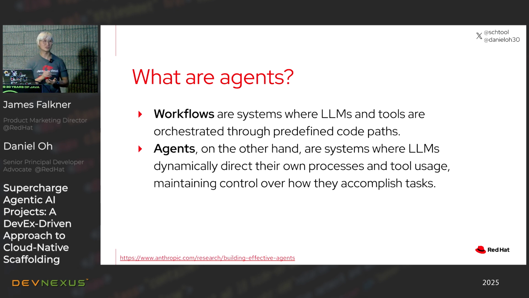There is another interesting definition from Anthropic, which is very famous in the AI industry right now. They actually invented MCP, the Model Context Protocol, as well. They distinguish two different things when they define agent, because a lot of people confuse workflow and agent itself.